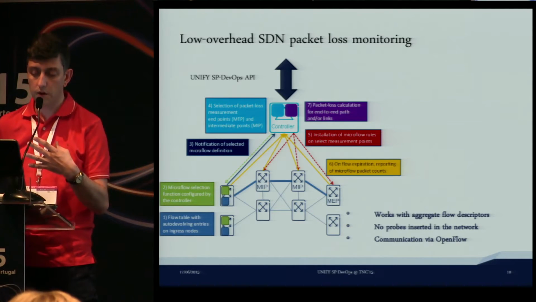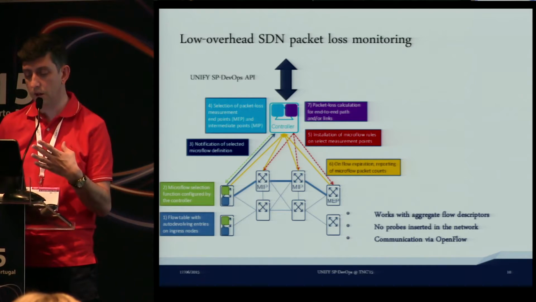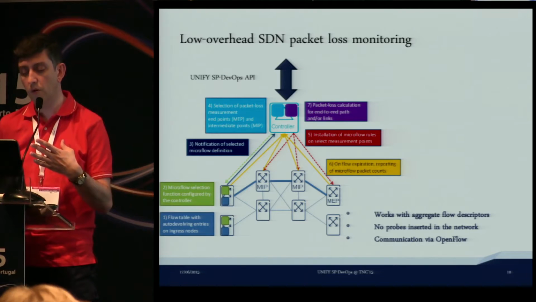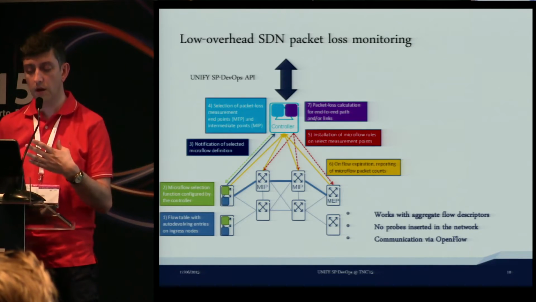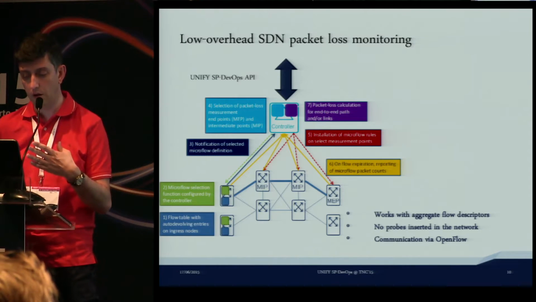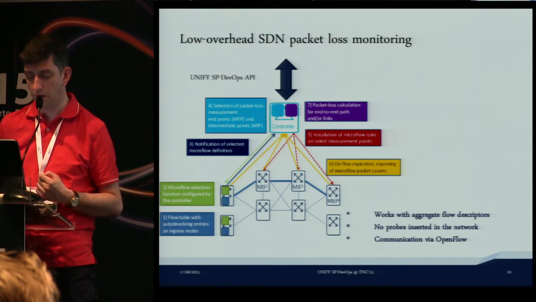Then the controller takes a decision whether to use that or not for calculating packet loss, and if so, it will install a rule in the egress part of that flow. And then we can do the packet loss calculation.